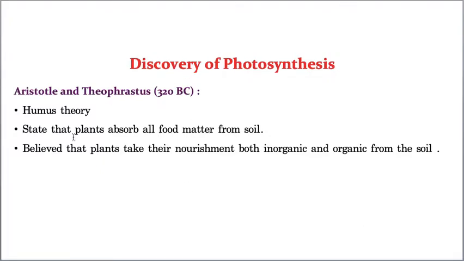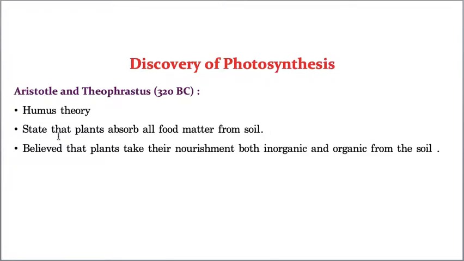Aristotle and Theophrastus. Their statements are called the humus theory. They stated that plants absorb all the food material from the soil. Of course, while I'm telling you, you must have understood that this statement is wrong. But at least they attempted.